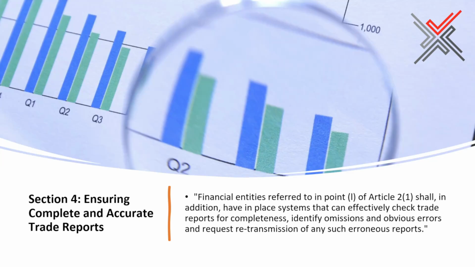Section 4 is about ensuring complete and accurate trade reports. So financial entities, which are referred to in point 1 of Article 2, so check that article, shall in addition have in place systems that can effectively check trade reports for completeness, identify omissions and obvious errors, and request retransmission of any such erroneous report.